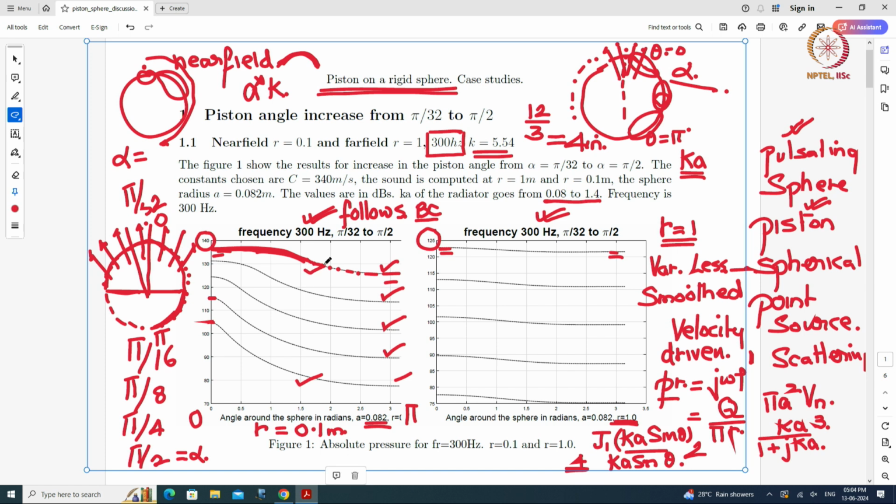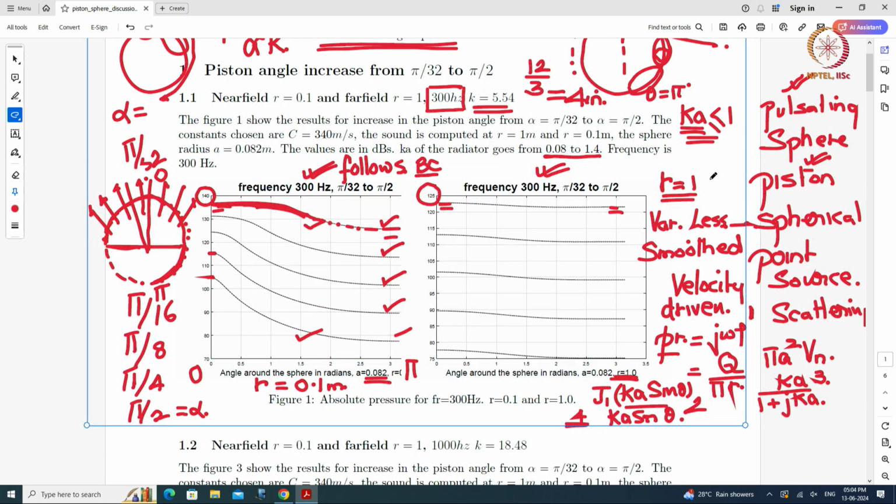So it's very close to 1, and therefore directivity is also much less. It's not very directive, it's close to a monopole, so it's almost radiating similarly in all directions. So, that's the situation at 300 Hertz.